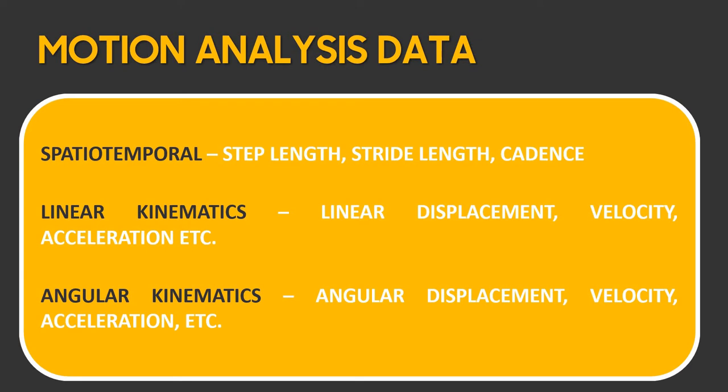Spatio refers to space, temporal referring to time, space and time, movement through space and time. So, in physics terms, space and time being the same thing, but I digress. Anyway, this would include measurements such as step length, stride length, and cadence, so number of steps per minute, for example.